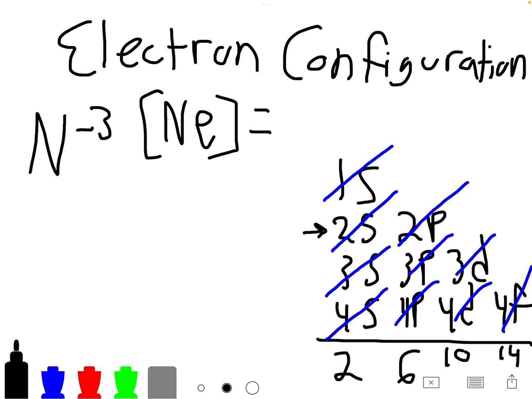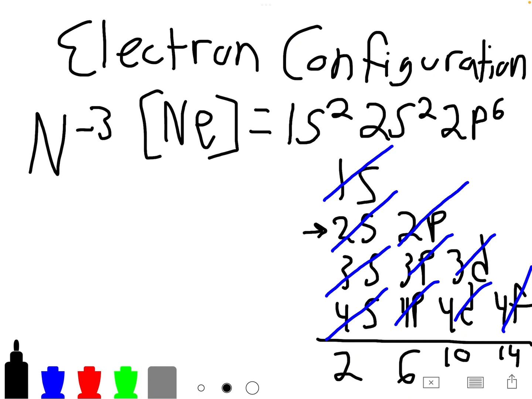So it's going to be 1s2, since you can only have a max amount of 2 electrons, and then you're going to have 2s2. So that's 4 so far, and then you'll have 2p6. And that is how you break down neon, because all of the exponents have to add up to be the amount of electrons in the atom, which neon has 10. So 2 plus 2 plus 6 is 10.